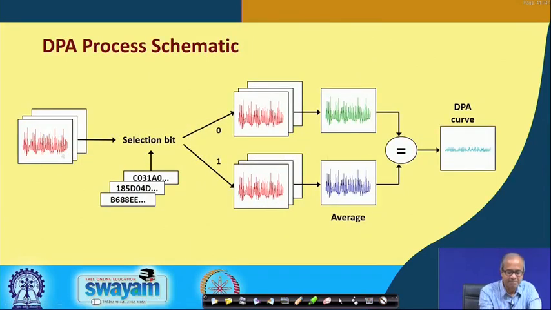So, I make many measurements, and depending on the different selection bits I change the bits of the key, and I again get multiple measurements, I take the difference, and after the difference I get the differential power analysis curve. Just pictorially I am showing it like this.